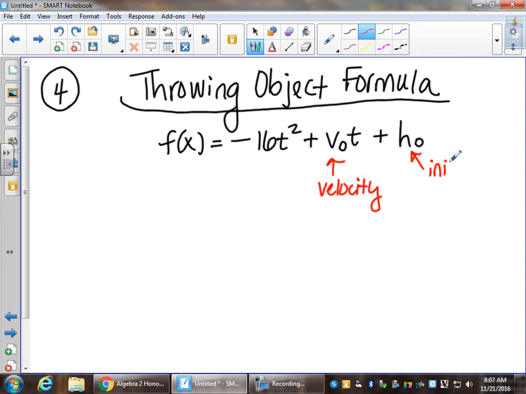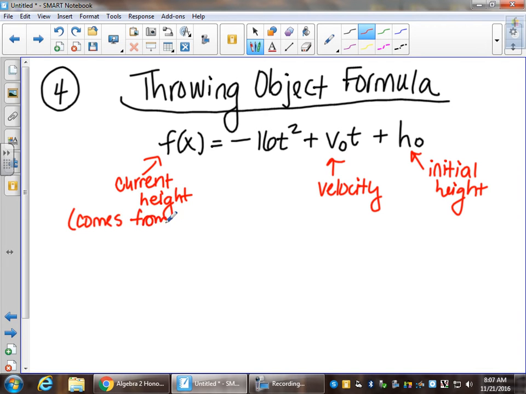Initial height. This concept of h naught was present in our falling objects. And here we have current height. Comes from the question being asked.